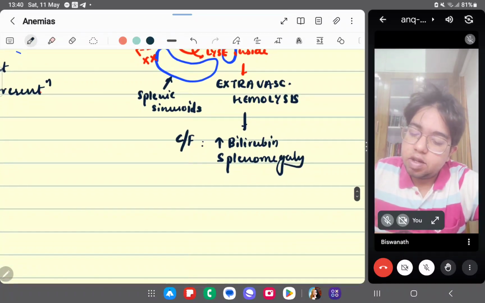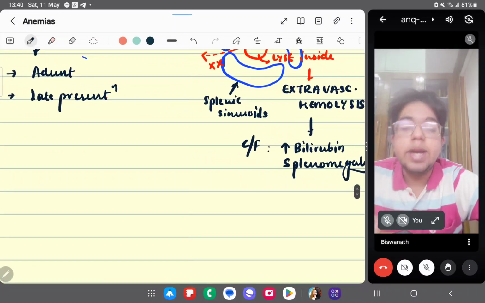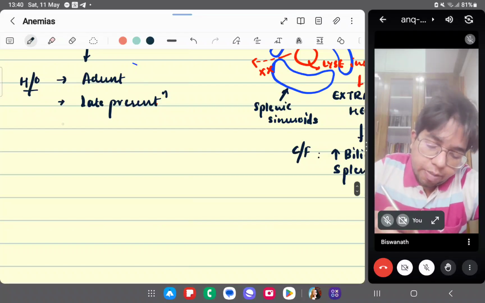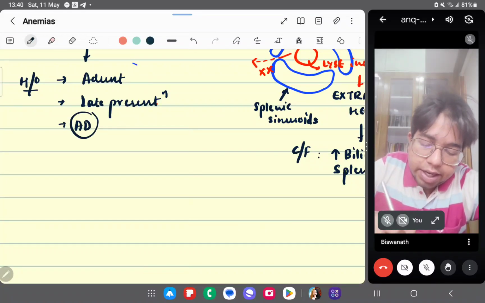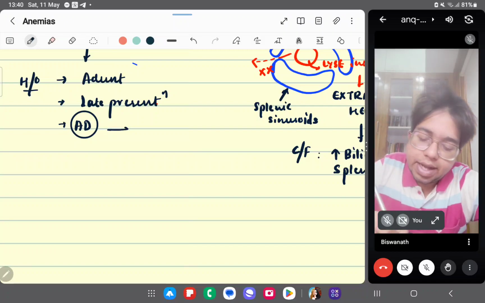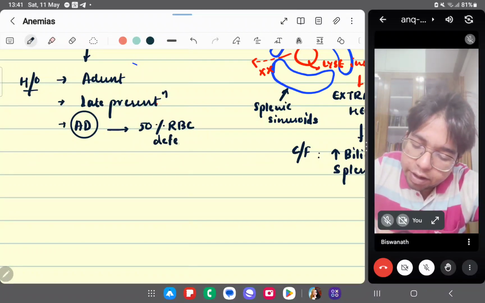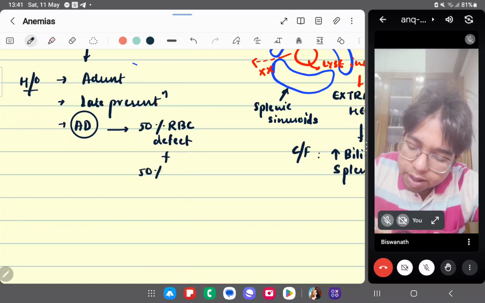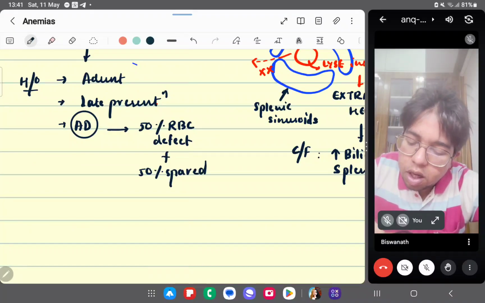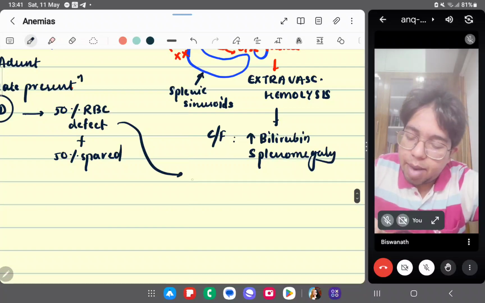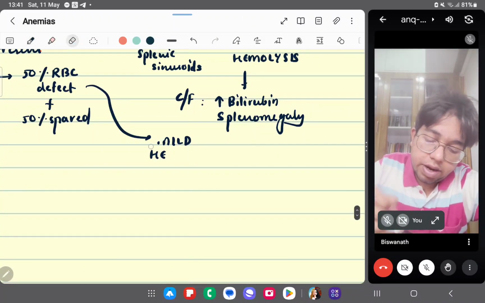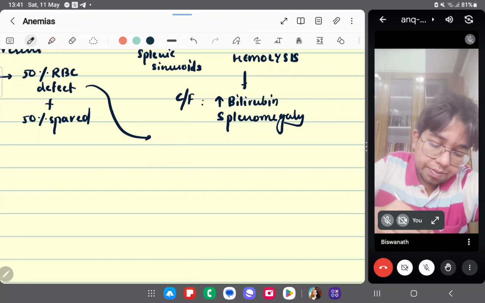The clinical features will be increased bilirubin and splenomegaly. Since only one allele is mutated, 50% of RBCs will be defective and 50% spared. So 50% defect means we'll have a mild hemolytic anemia. So for clinical features you can write mild hemolytic anemia.